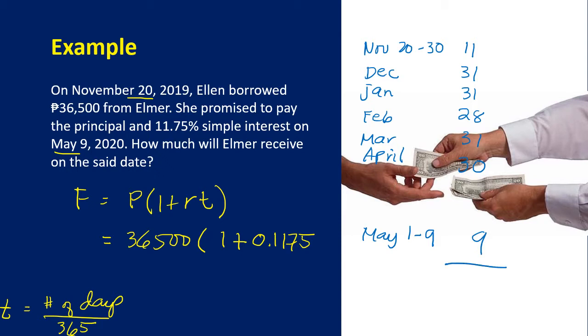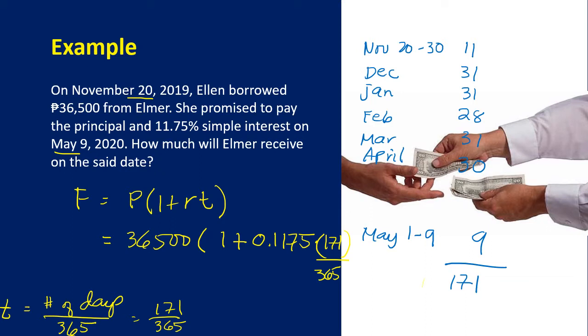Correct? So that is 171 days. So therefore, that's 171 over 365.